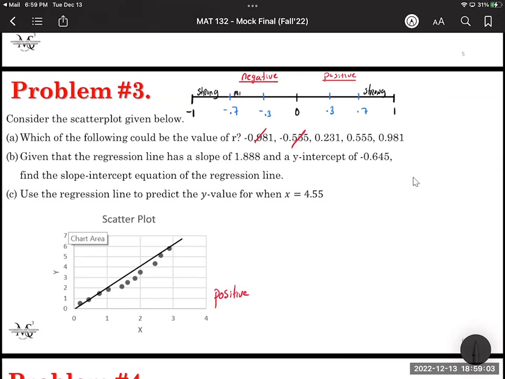It's moderate if it's between 0.3 and 0.7, and weak if it's anything between -0.3 and +0.3. There's weak or no correlation, so at 0, there's none.